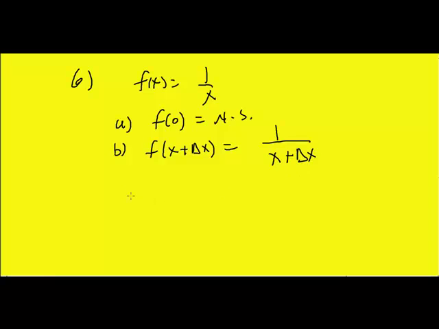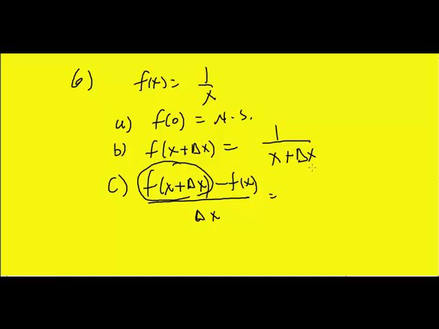That's all it means. C, they want you to find f of x plus delta x minus f of x, all that over delta x. So we already found this in the last part, which is 1 over x plus delta x minus f of x. F of x is 1 over x, all that over delta x. Oh, don't even try to attempt to do this one. Leave it right there.